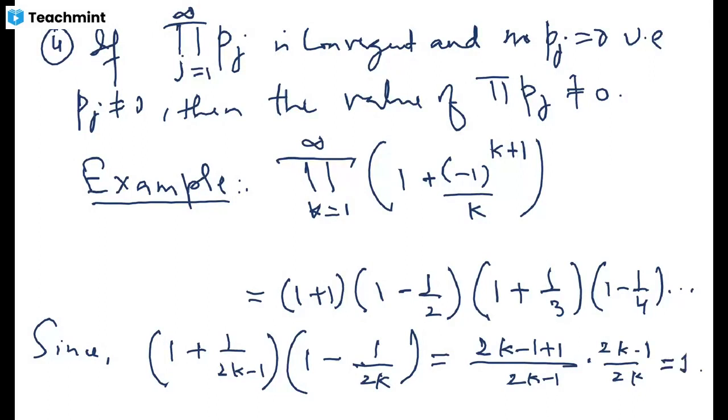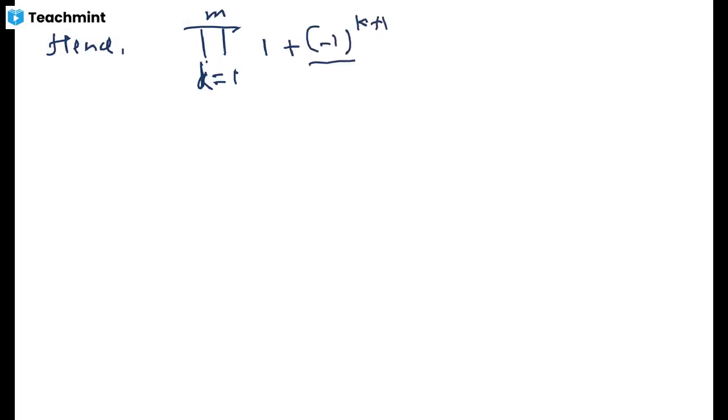So when we form the partial products, the product j, let me take it to be k, from 1 to m, of 1 plus (minus 1) to the power k plus 1 upon k.